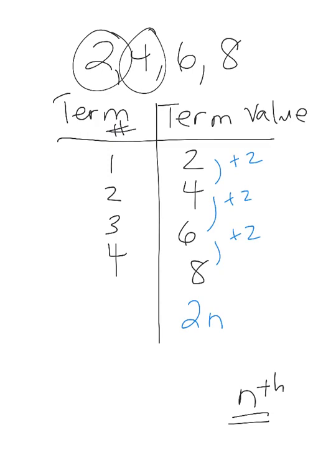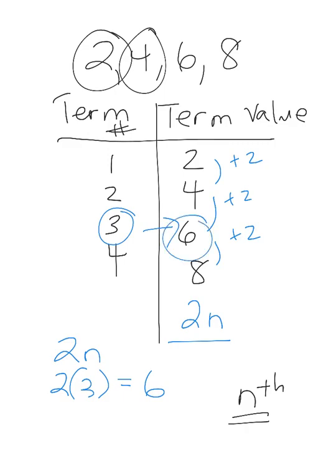So now let's try it out, because maybe we're done. Maybe we have our algebraic expression. Let's try it out for term number 3. If we take out n and we put in 3 for term number 3, 2 times 3 is 6. Well, it's supposed to equal 6, right? That's our term value.